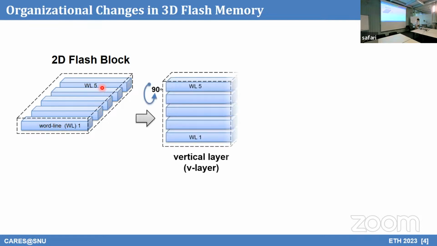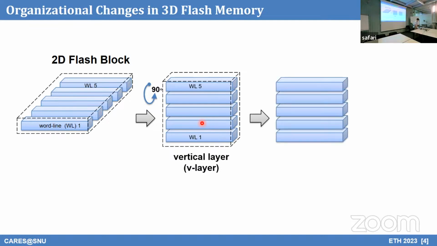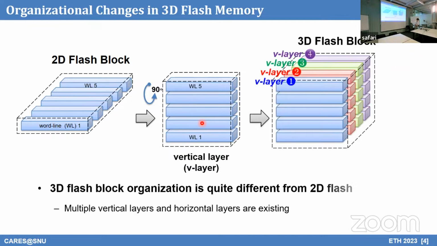In 3D flash memory, I tried to understand this myself also. At the beginning, I had a very difficult time to understand, but the easiest way to view 3D flash memory is to think of a 2D planar flash block as rotated upward. So this one block became one vertical block. In this presentation, I'll call it a vertical layer. And then we added more vertical layers. So this becomes a 3D flash block.